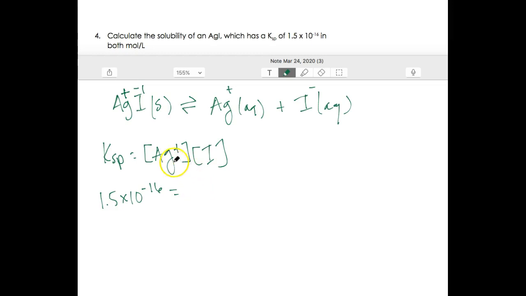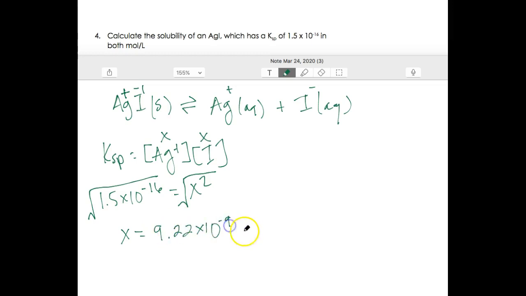So what we could do is treat these as x. So 1x, and this is also 1x. So what is x times x? It's x squared. And how do you get rid of the squared? You take the square root. When you take the square root of that, you're going to get a number. Okay, so I'm going to get 9.22 times 10 to the -9.